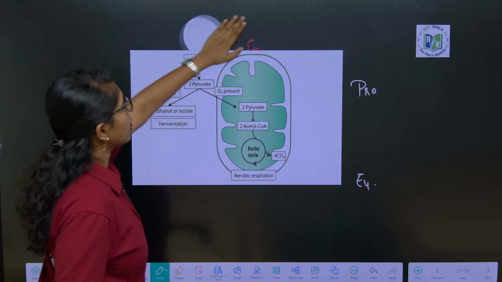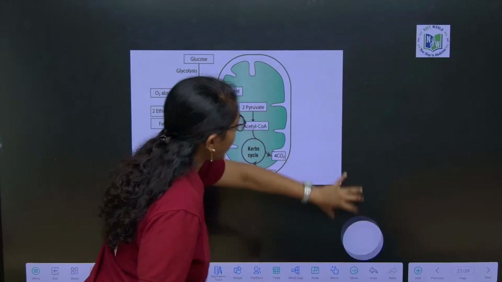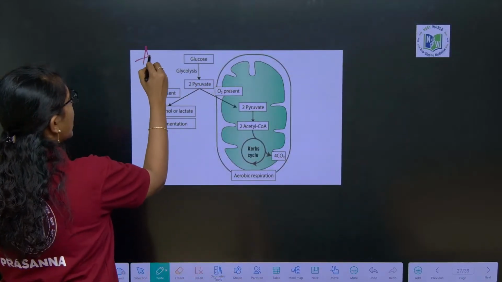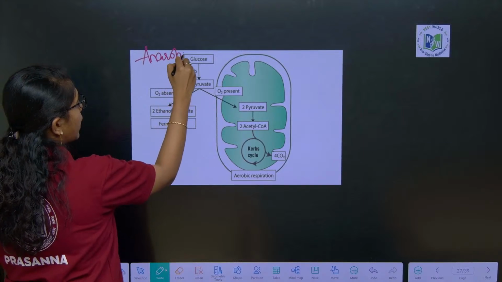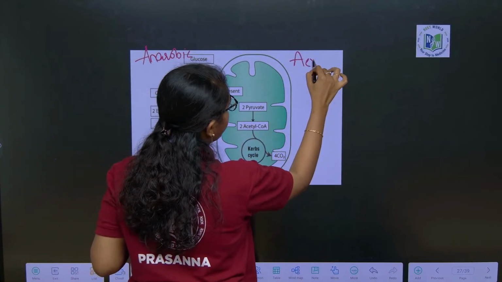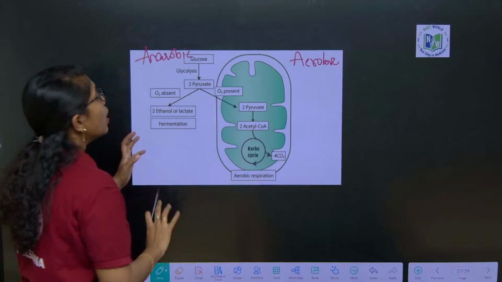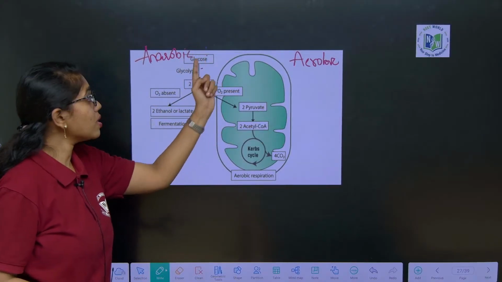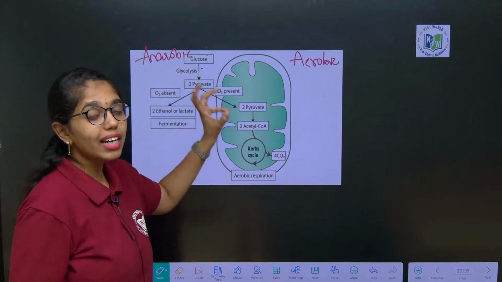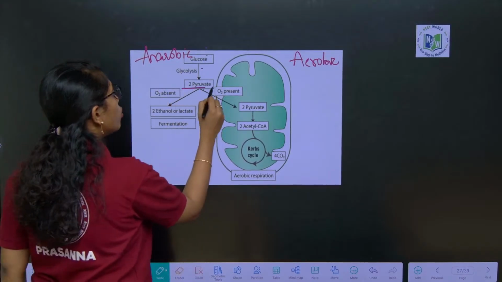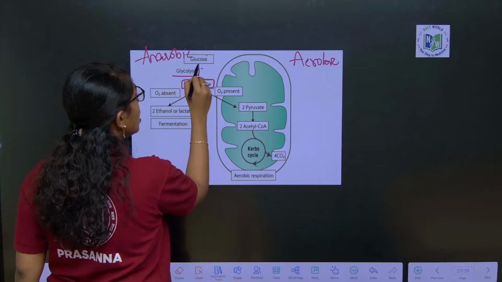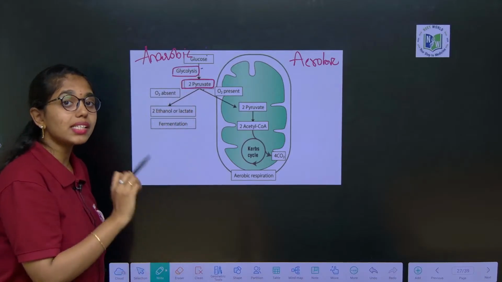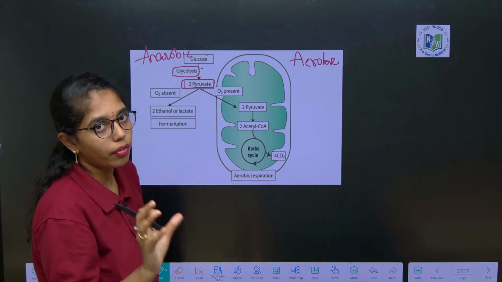Prokaryotic cell and eukaryotic cell, what happens? Or else you can clearly look into two types of respiration. One is anaerobic and the other is aerobic. Here, firstly, inside every cell, glucose is partially or incompletely oxidized to 2 molecules of pyruvate. This process is called glycolysis, and it happens in the cytoplasm of the cell.